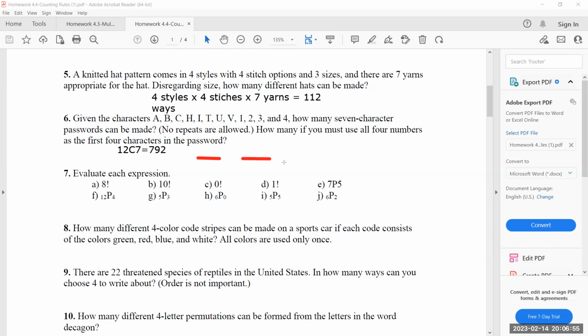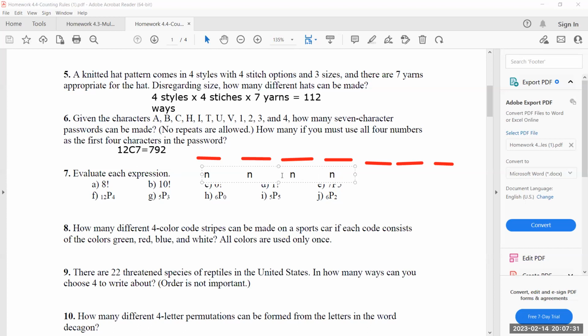So we have 7 choices that we have to make, right? And it's all about how many options we have for each one. Now I know that I have to use a number as the first 4 characters. So I have to have a number here, here, here, and here, right?